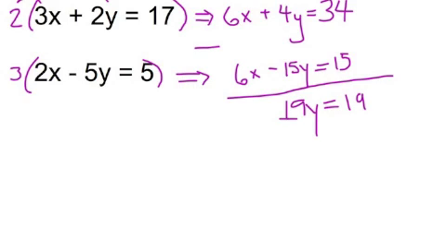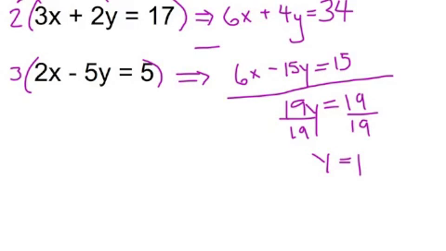And if I divide both sides by 19, I'm going to get y is equal to 1. Okay. So if I was to graph this, it's going to intersect at y equals 1. I need to figure out what the x coordinate is. So I'm going to choose an equation that I would like to use.